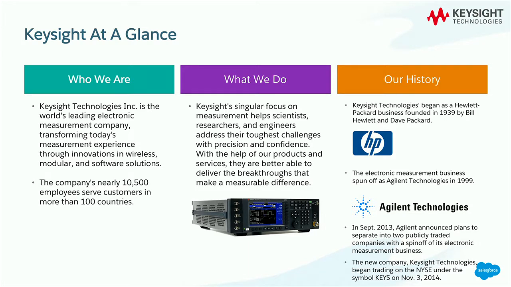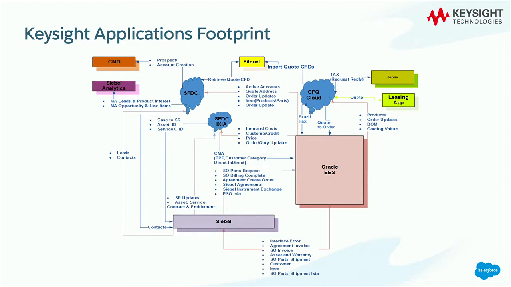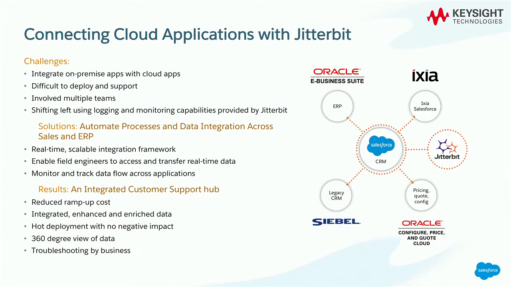We were looking at 4 to 6 weeks to go from development to production, phase by phase, as we were moving to an agile model. At that time, we started using Jitterbit.